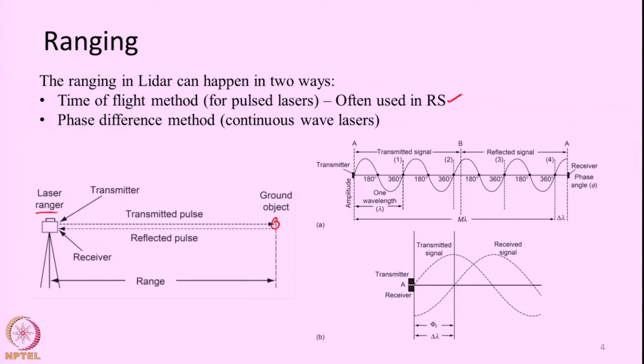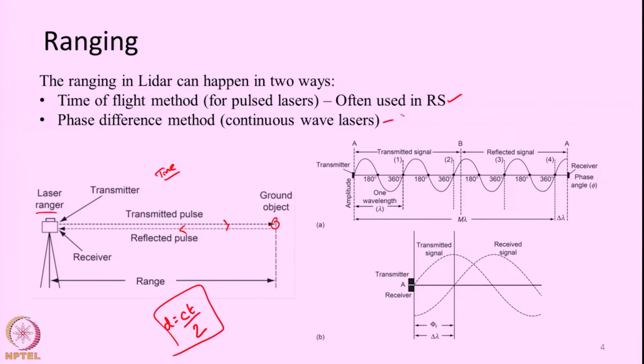So the transmitter will measure the time taken for the beam to go and come back, and using a simple principle, d is equal to Ct by 2, where C is the velocity of light or electromagnetic radiation, t is the time taken for this entire two-way flight, and we divide by 2 because the beam has to go in the forward direction and again come back towards the receiver. So using the simple formula we can calculate it. This is the time of flight method and it is most often used in remote sensing.